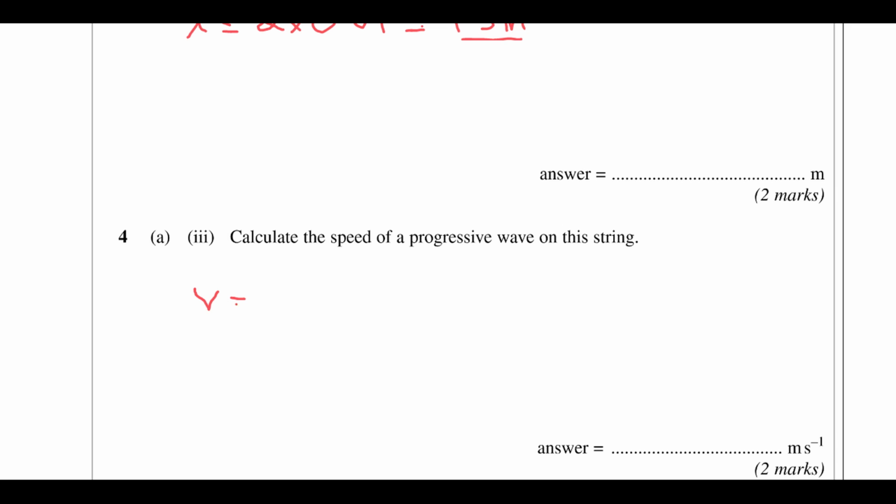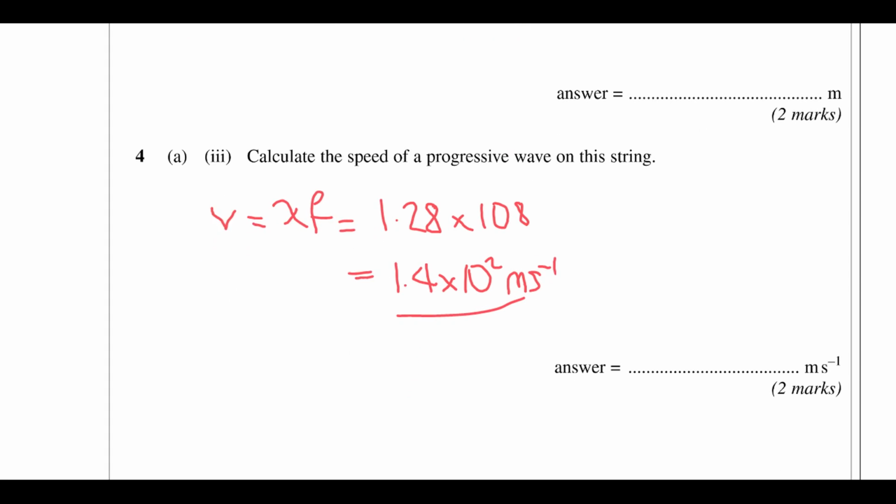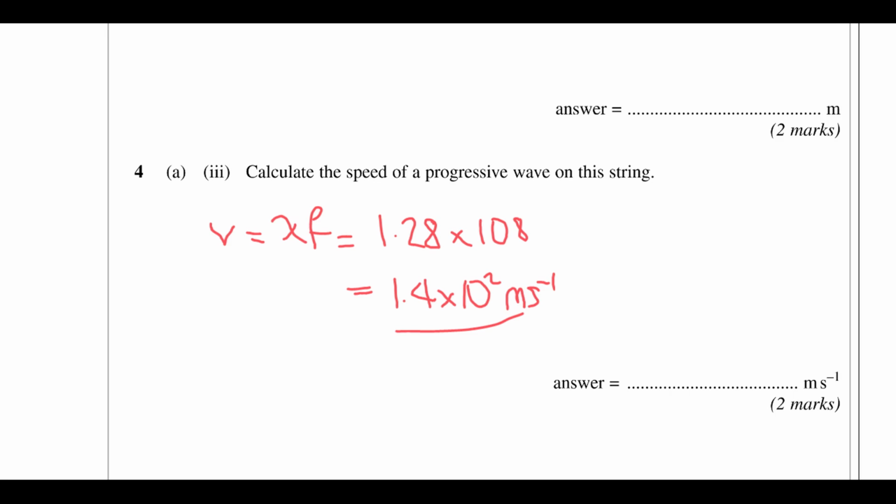So speed is wavelength times frequency. So it's 1.28 times 108. And if we do that, we get an answer of 138 point something. So that's going to be 1.4 times 10 to the 2 meters per second to 2 SF. That's appropriate here. All right, so let's move on.